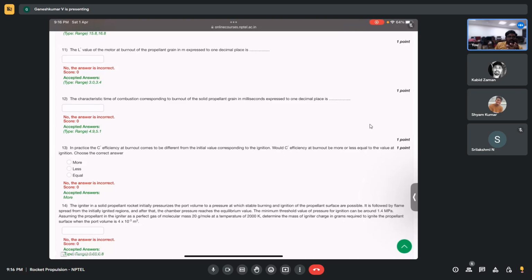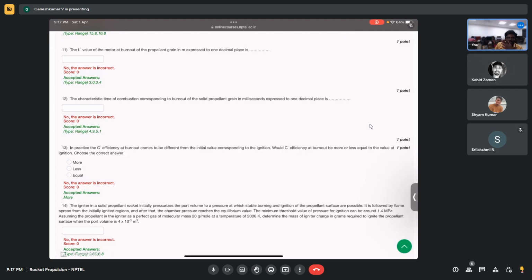So maybe you can see it like when the propellant is burnt and you reach the maximum radius. At that time, you should compare that C star with the ignition C star. Ignition C star is different from the equilibrium C star that is reached just after ignition. Yeah, true.